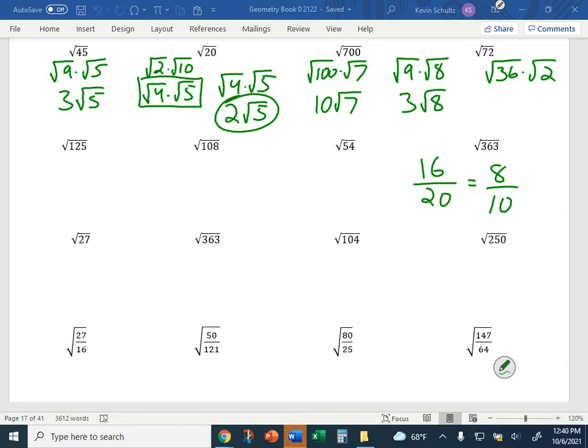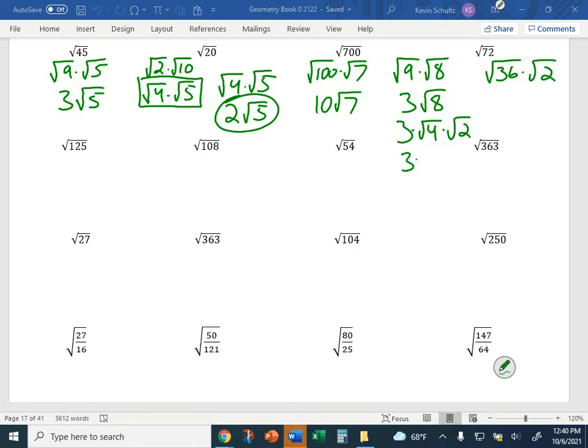Why is 3 root 8 not in simplest form here, Peter? You can still simplify root 8. Because you can go further with that root 8. The root 8 can be written as the root 4 times the root of 2. Right? Which that root 4 becomes what? Evaluates to be 2.